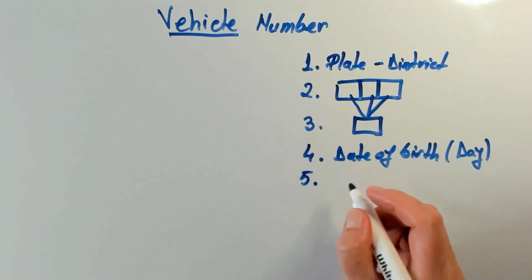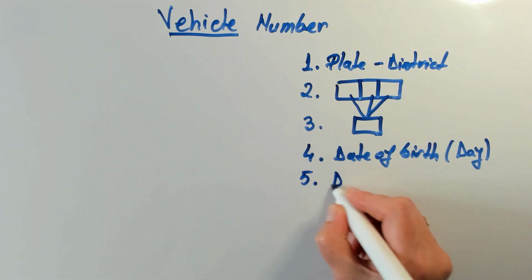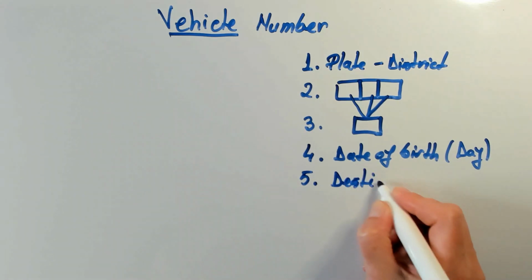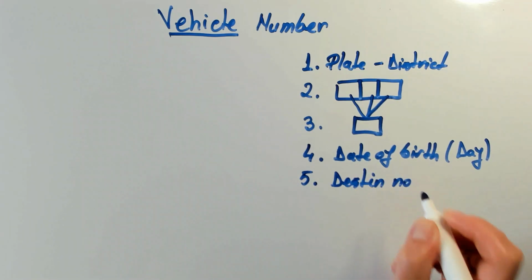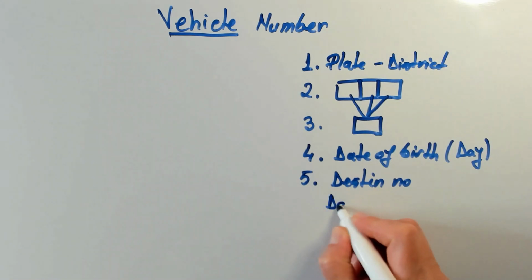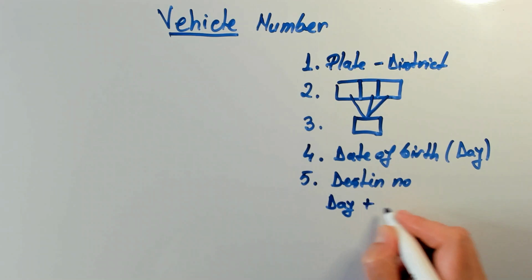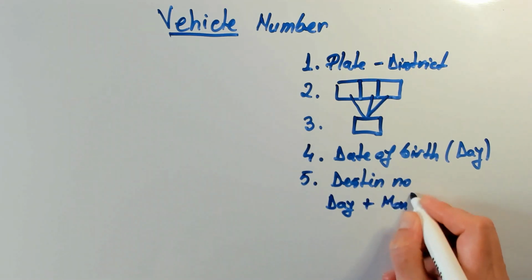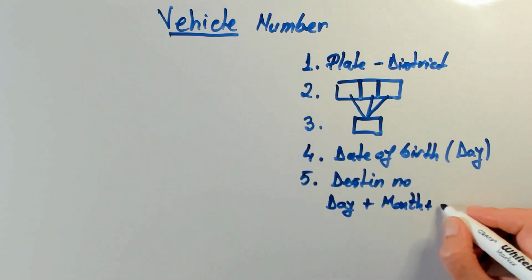Another one, you need the destined number. So you have 2 options to be compatible with your car. The destined number will be your day of birth, month, and year.